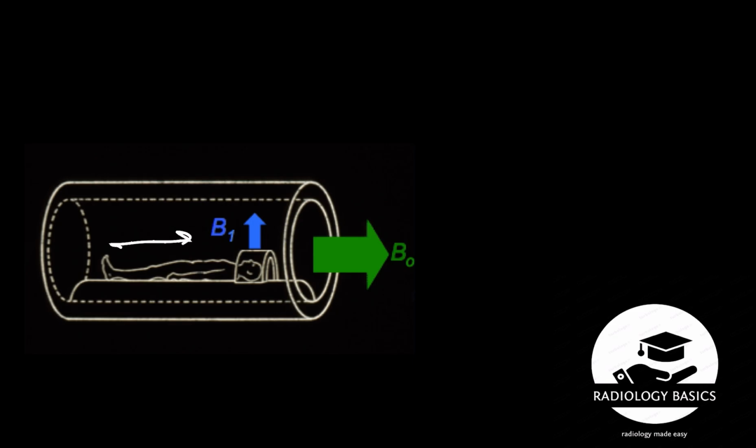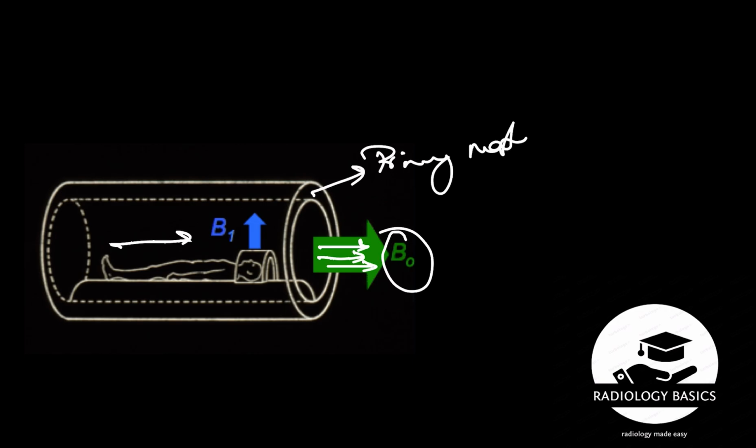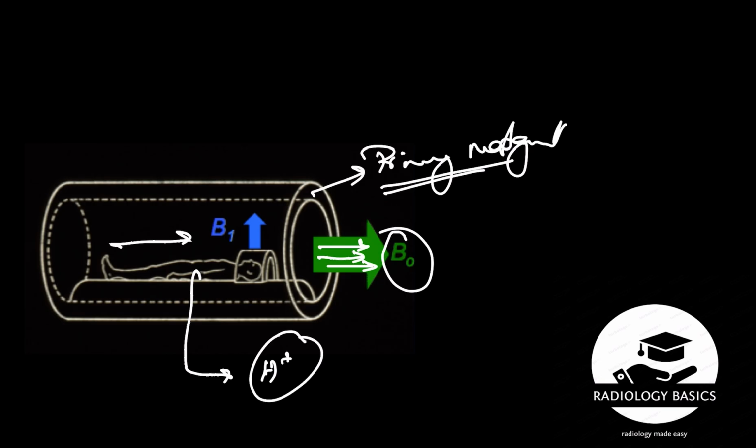We can see the direction of the magnetic field is along the center of the bore. That's what we call B0, because of this primary magnet. We have already mentioned that the human body consists of plenty of H plus. This has its own magnetic moment.